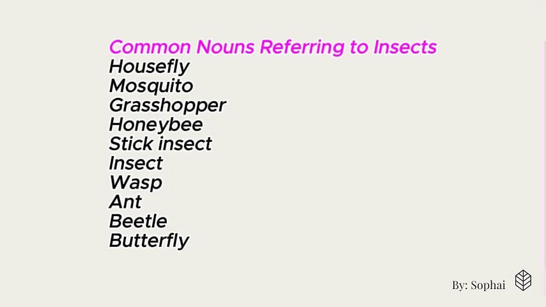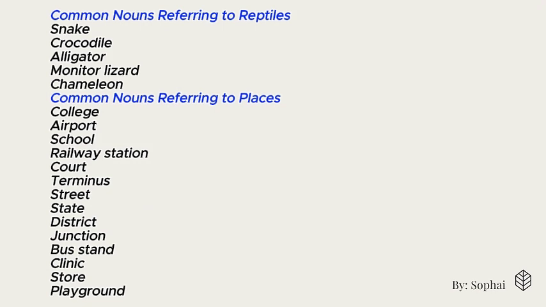Common nouns referring to insects: housefly, mosquito, grasshopper, honeybee, stick insect, insect, wasp, ant, beetle, butterfly. Common nouns referring to reptiles: snake, crocodile, alligator, monitor lizard, chameleon.